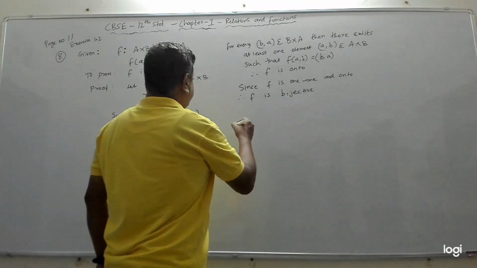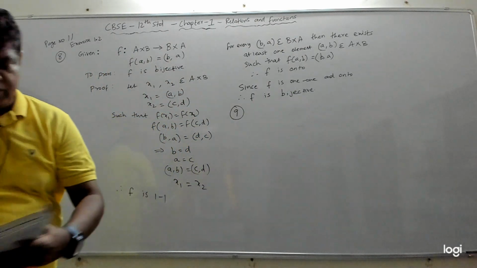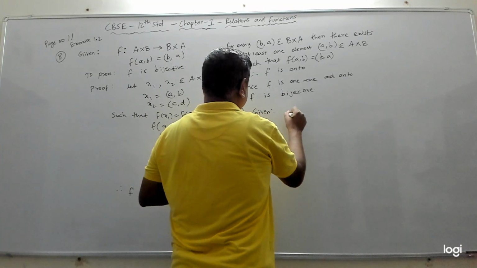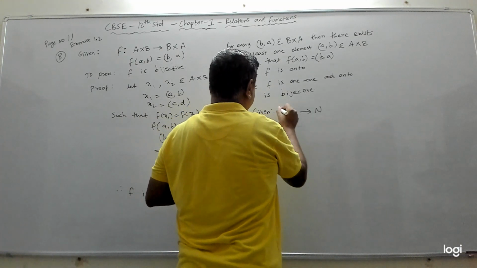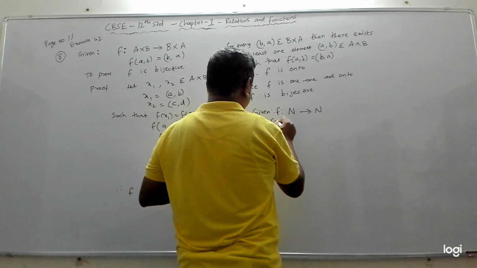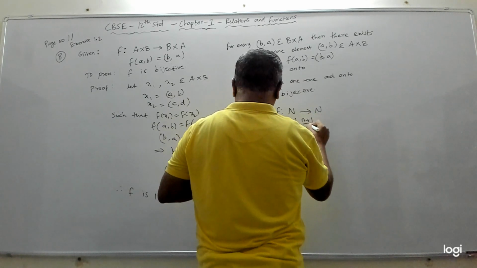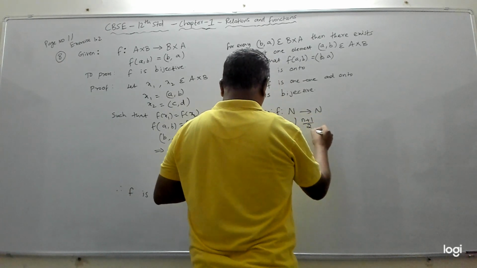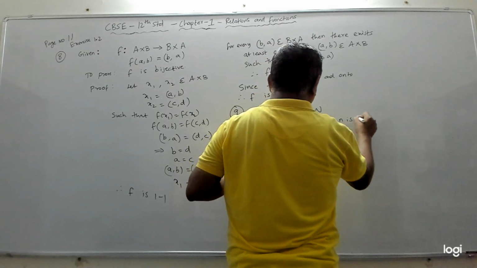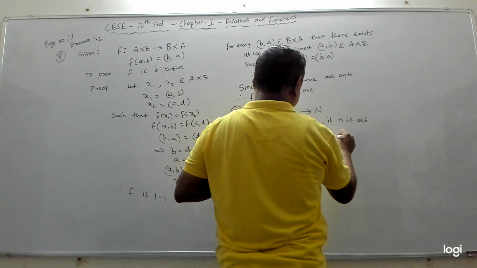Now, ninth question is, what is given? Given is f is a function from N to N, set of all natural numbers to set of all natural numbers, defined by f of n is equal to n plus 1 by 2, if n is odd, and it is n by 2, if n is even.